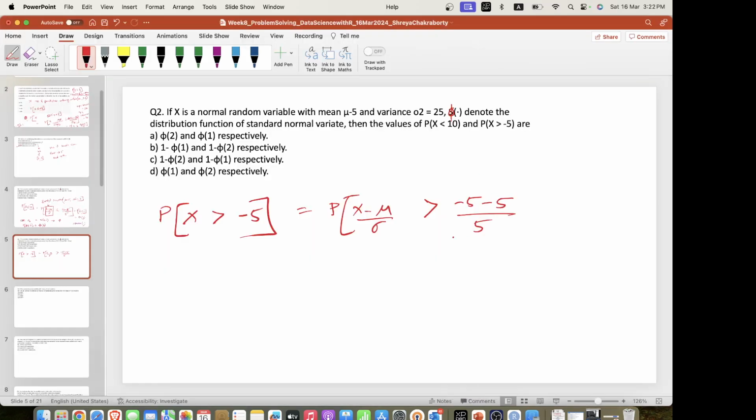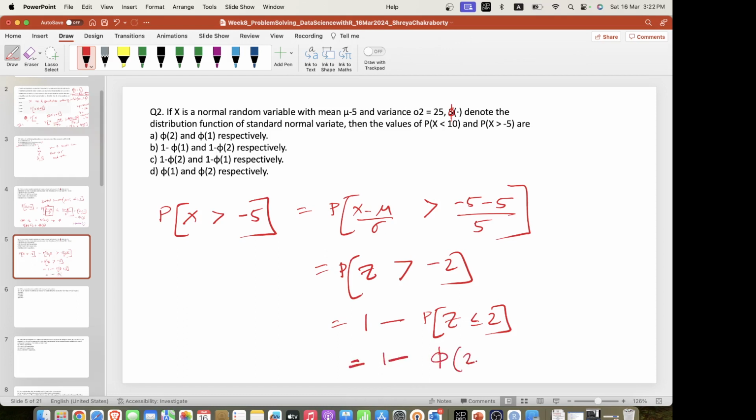So this means probability z greater than minus 2, which means 1 minus probability z less than or equal to 2. So then you can write it as 1 minus phi of 2.